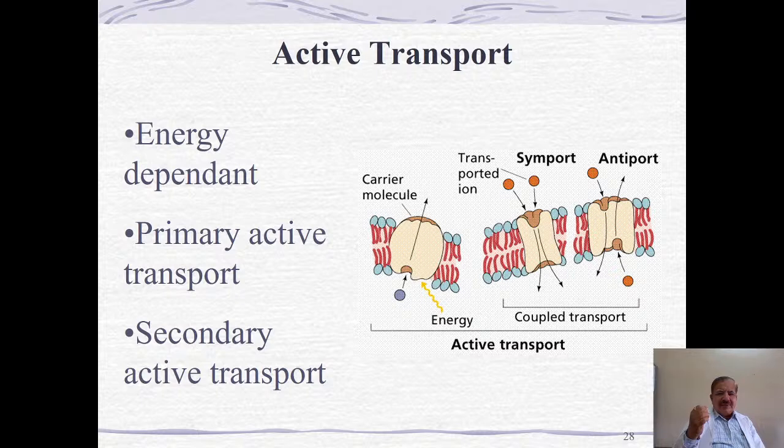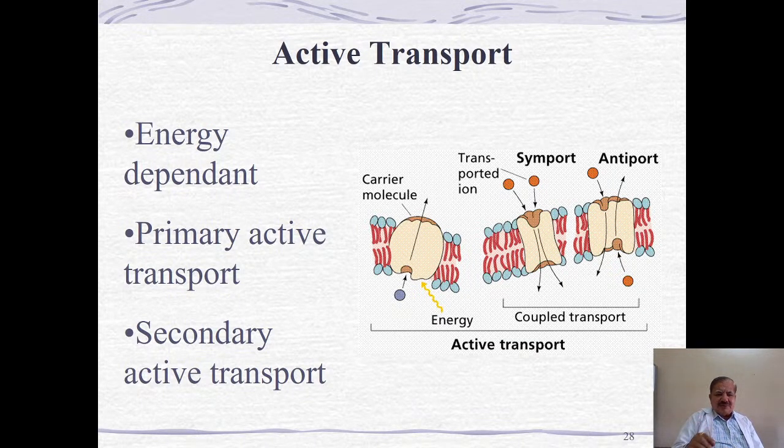Potassium is coming inside, and sodium is going outside. In this way, they need energy. This energy is brought from the breakdown of ATP, adenosine triphosphate, to adenosine diphosphate.